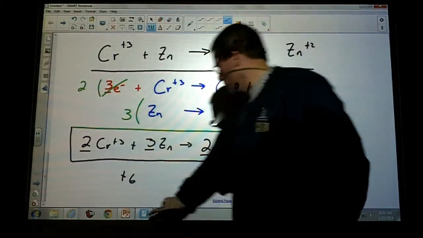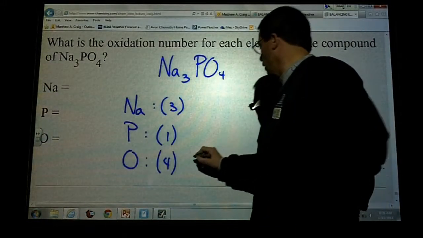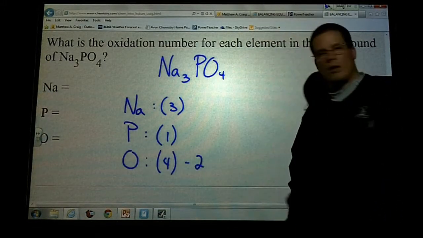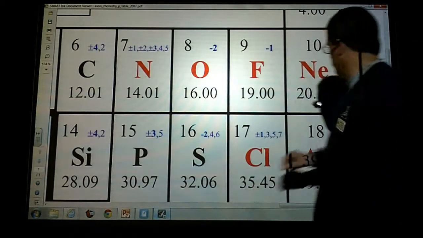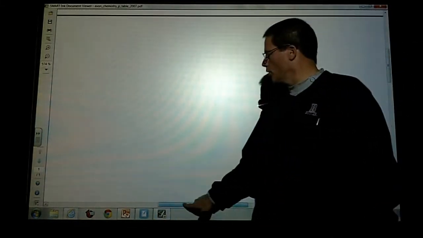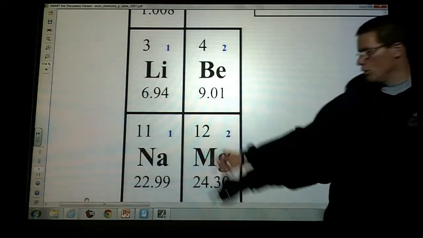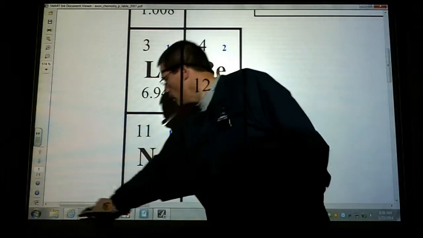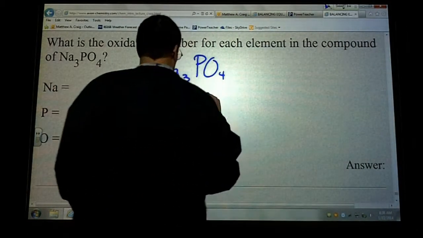So we can say that oxygen has a -2 charge. Looking at the sodium, what's the charge on sodium? Sodium's always a +1 charge. So some of these are like dead giveaways where they don't ever change. So we have a +1.